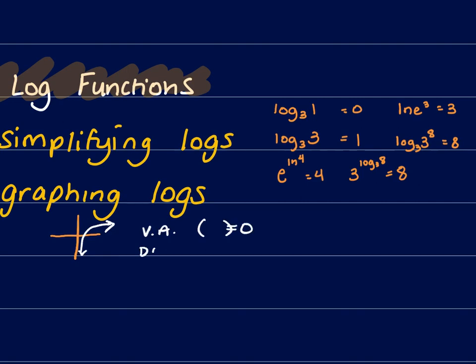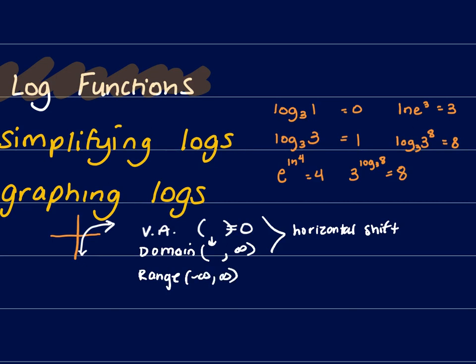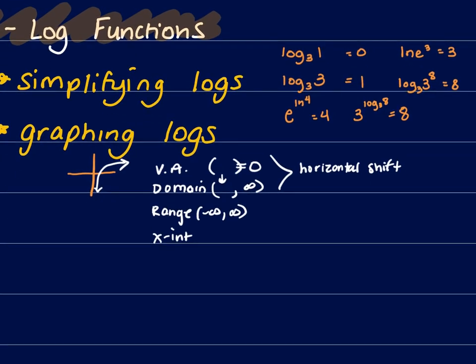They have a domain that is affected by the horizontal shift, so whatever comes out of that parentheses to positive infinity. Range is all real numbers. And this time you get an x-intercept, which again would come from your t-chart because you're plugging in 0 for y. For the logs, you plug in for y.